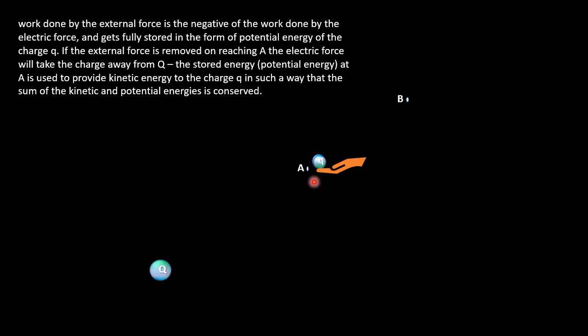If the external force is removed, when it reaches A, the electric force will take the charge away from Q, and the stored potential energy is used to provide kinetic energy to the charge q in such a way that the sum of the kinetic and potential energies is conserved.